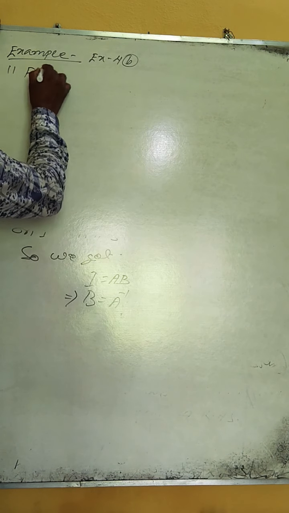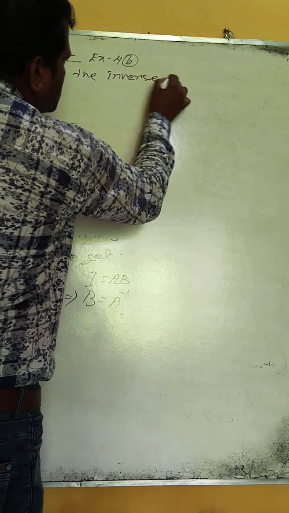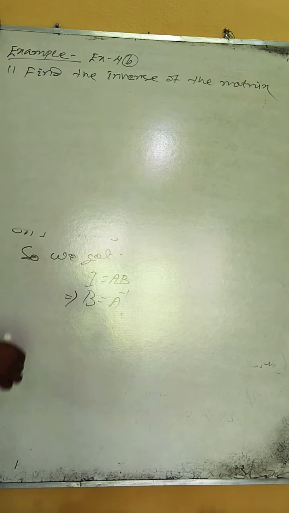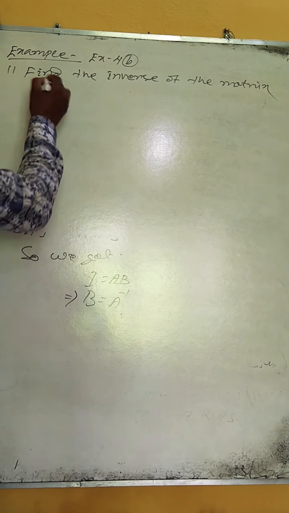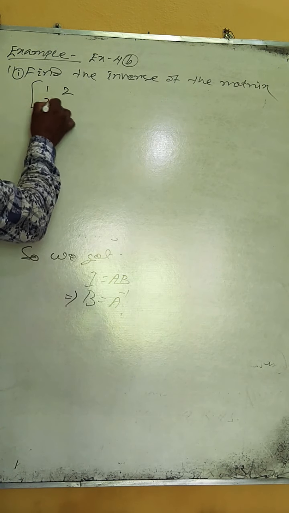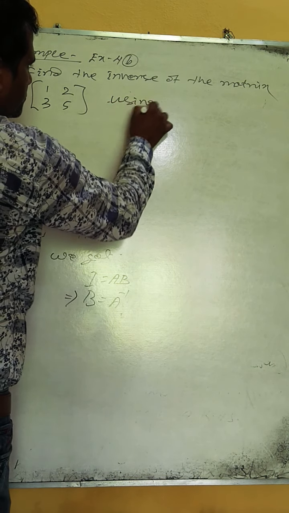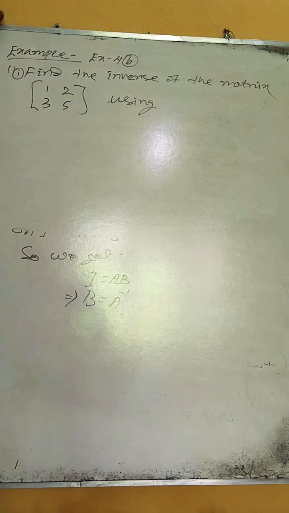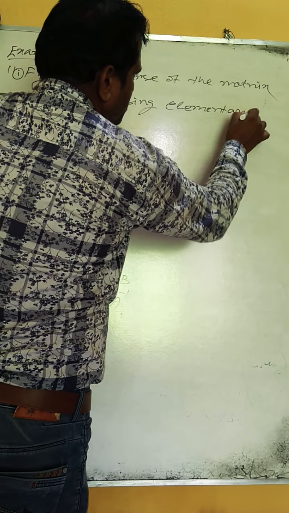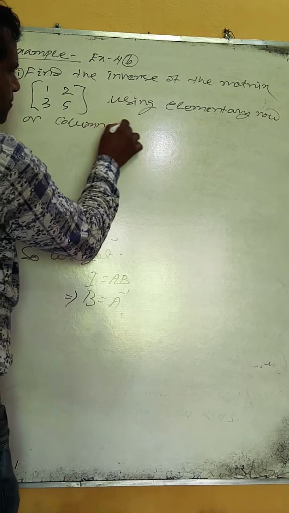The question is: find the inverse of the matrix 1 2 3 5 using elementary row or column operations.